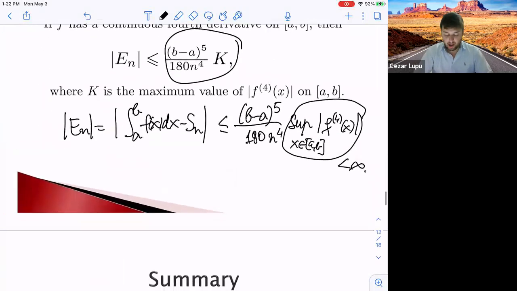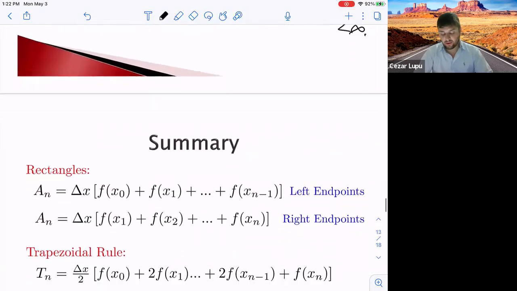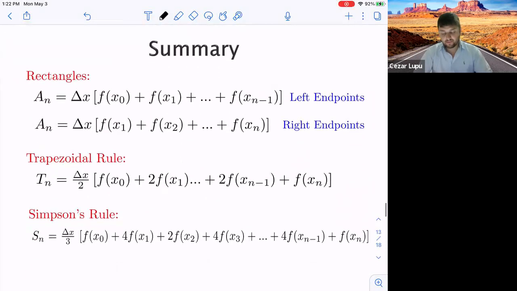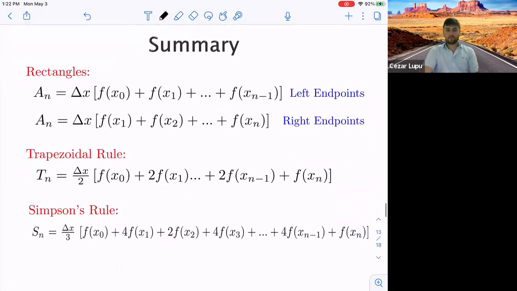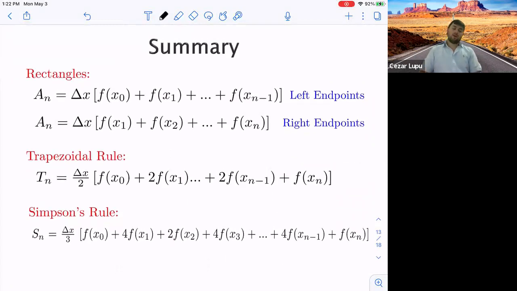Great. And now, let me just do a summary. Look, what have we done so far? What we covered at this point in this lecture is the following. First, we try to approximate the area under the graph by using rectangles.